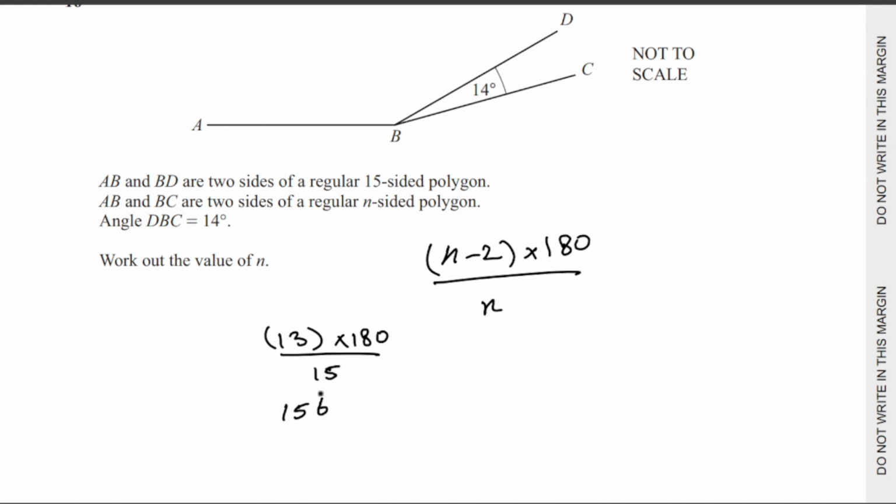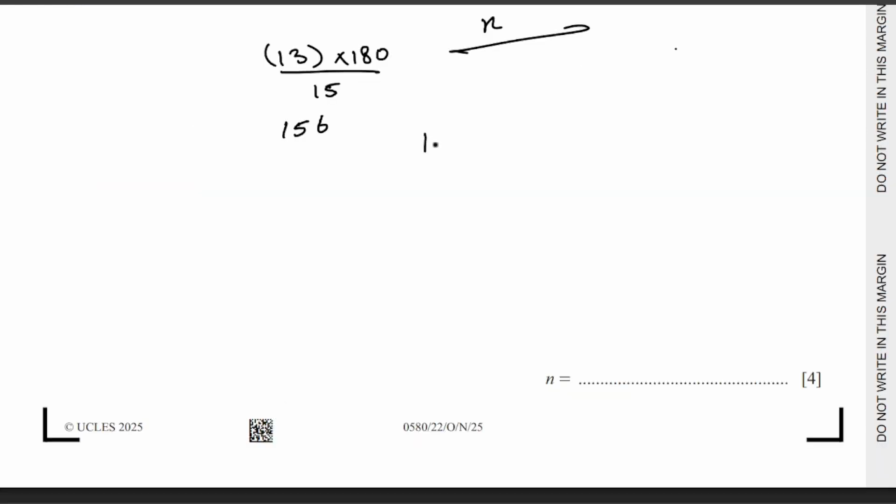All right. So that means this angle is 156 degrees. So the total angle ABC would be 156 plus 14, which is going to be 170. That means this total angle is 170 degrees. 170 equals n minus 2 into 180, all over n.